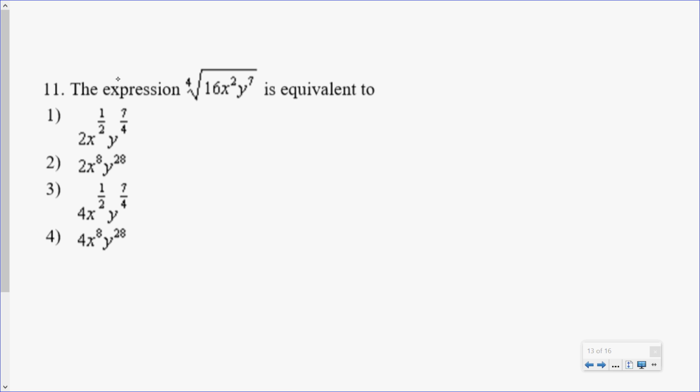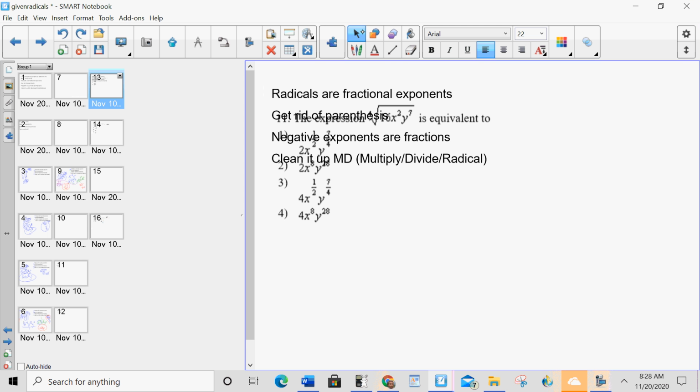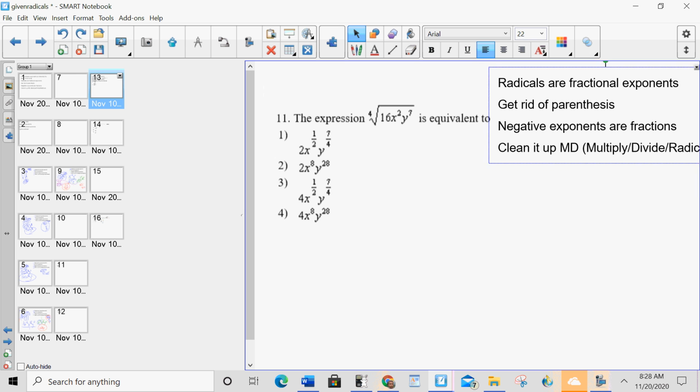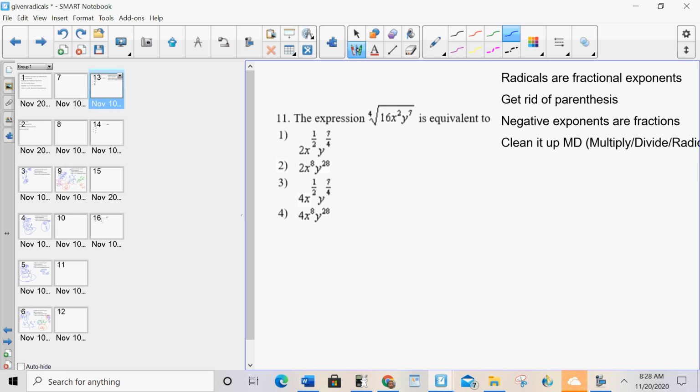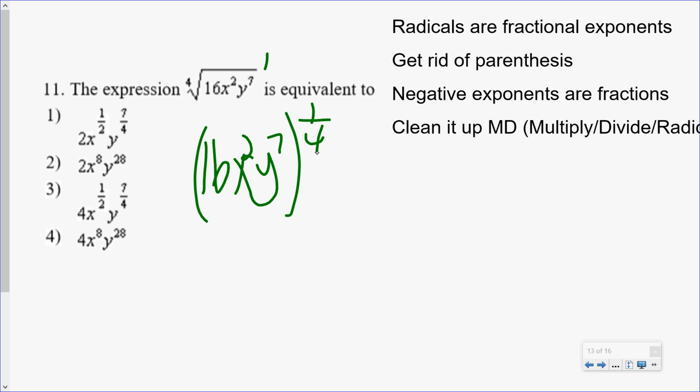Okay, let's copy and paste my song. Radicals are fractional exponents. Do I see a radical? Yes. So I'm going to rewrite it as a fractional exponent. Power is 1, the root is 4.